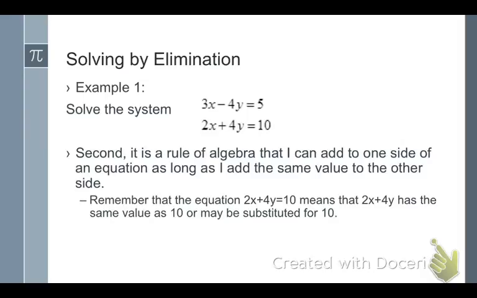So we have a rule of algebra that says if I have 3x minus 4y equals 5, I can add 10 to both sides of that, and I still have a true statement.